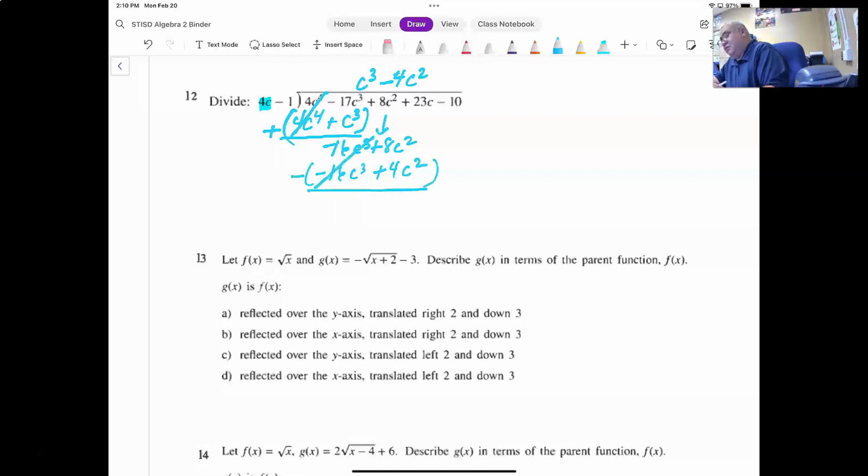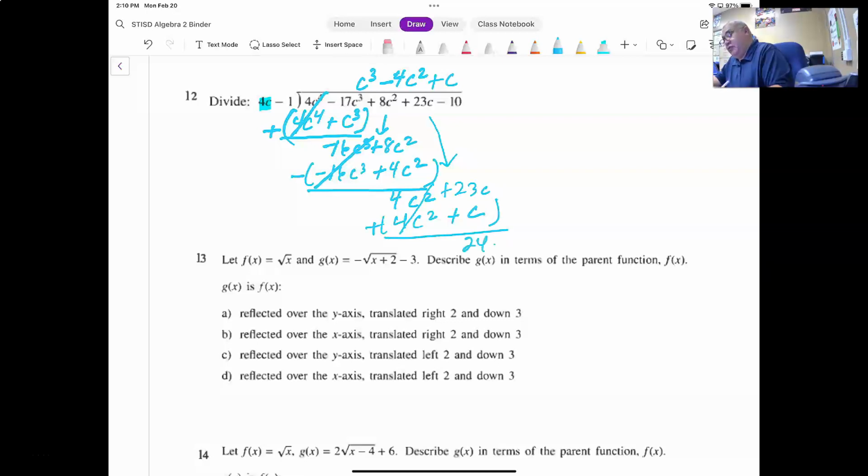Subtract again. 8 minus 4 gives you 4c squared. Bring down 23c. So what do you multiply 4c by to get c squared? It's just c. So it's 4c squared minus c. Subtract. What you're actually doing here is adding.